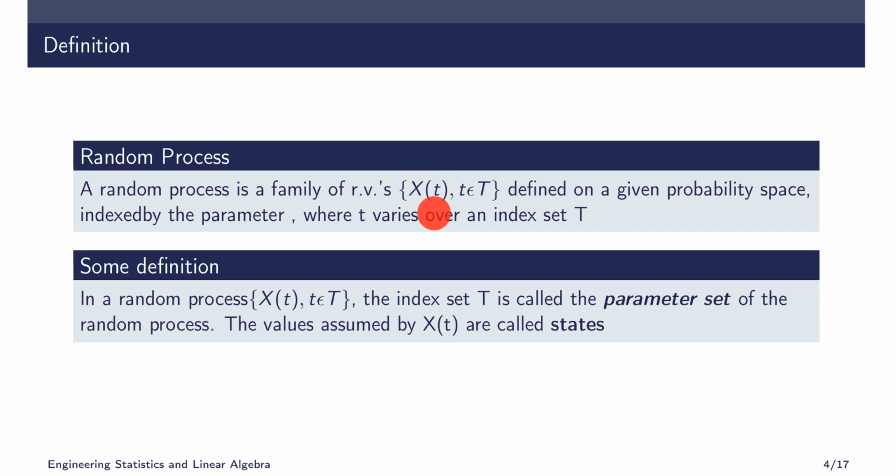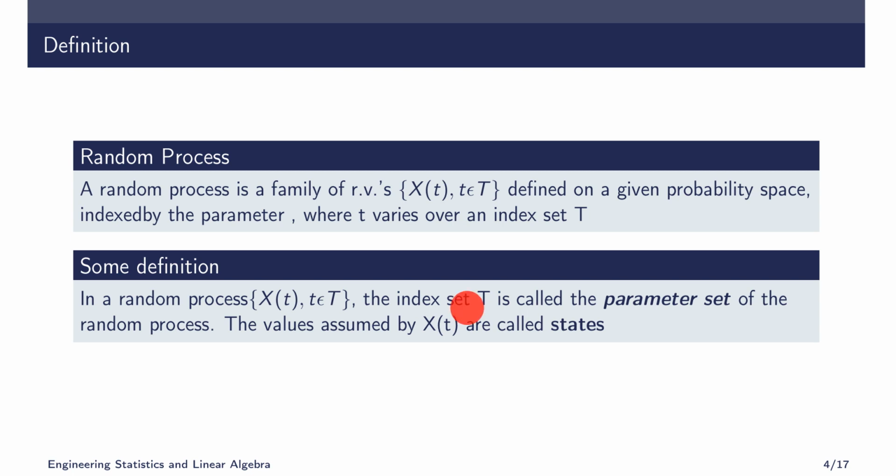So X was there initially when we studied random variables. Now that random variable depends on t also, where t varies over the index set T. Now if this index set is a discrete set like 1, 2, 3, 4 etc., then it becomes a discrete parameter, and if this is continuous starting from 0 to infinity, then it will be a continuous random process.